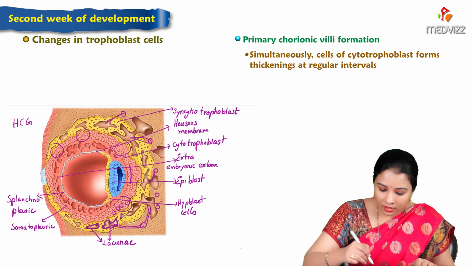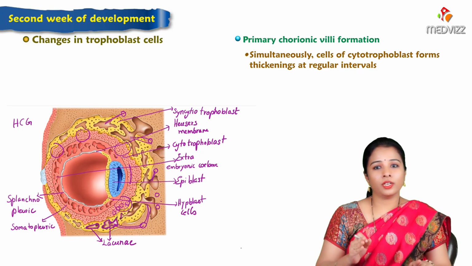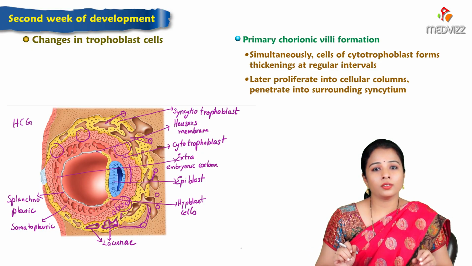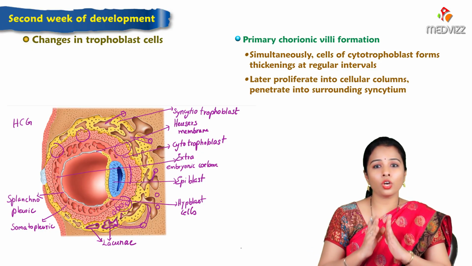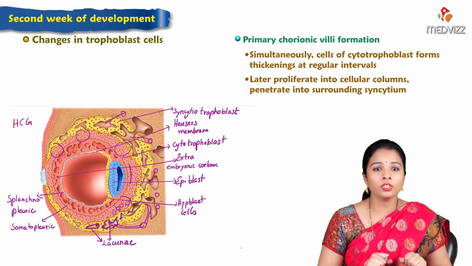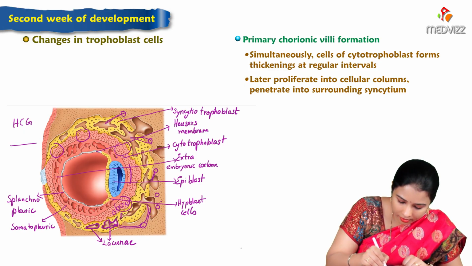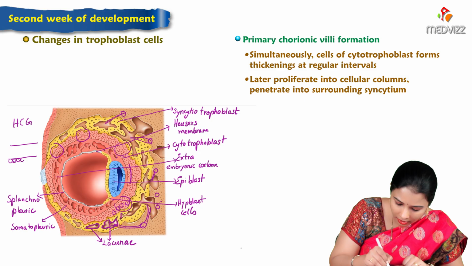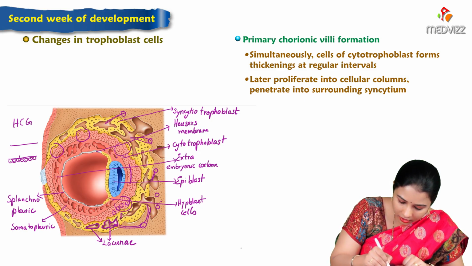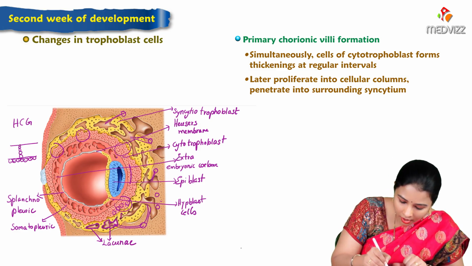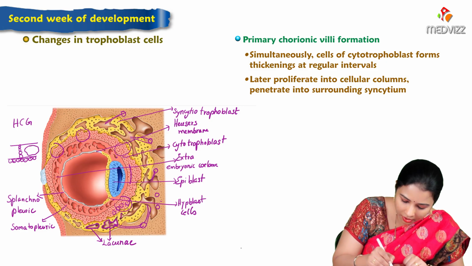This thickening further invades and proliferates as cellular columns, penetrating into the surrounding syncytium. So this is the syncytial layer, this is the cytotrophoblastic cell layer. These cells will proliferate into the syncytial layer like columns, and now here surrounded by what?